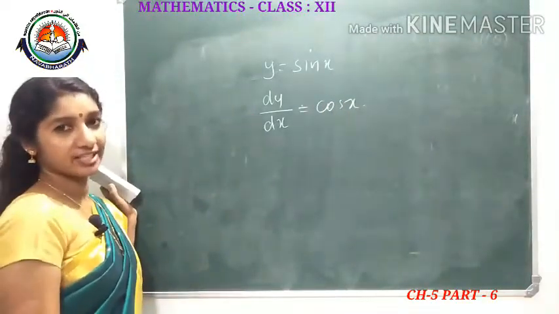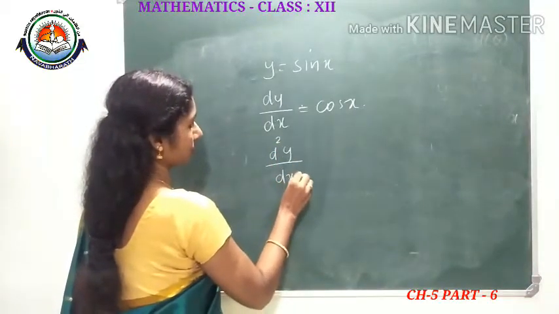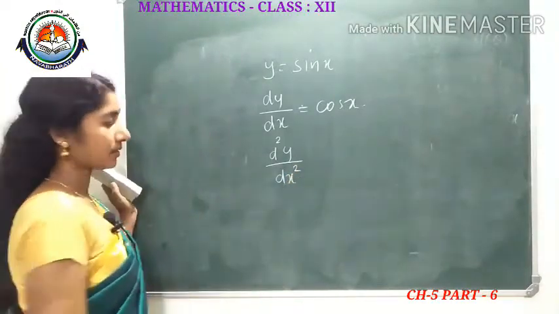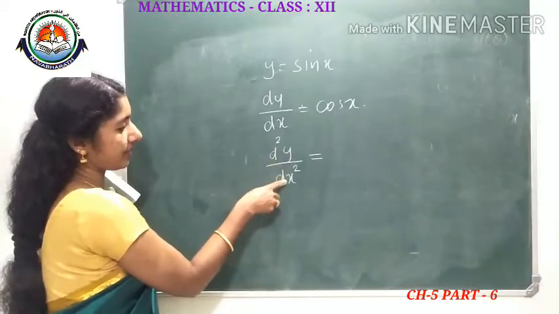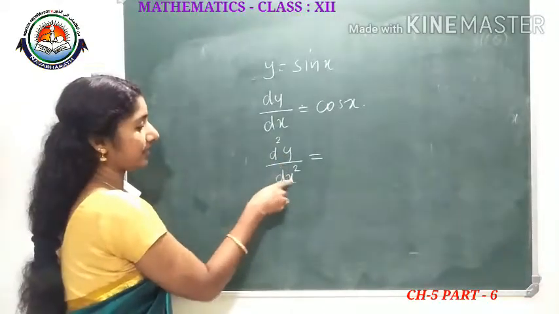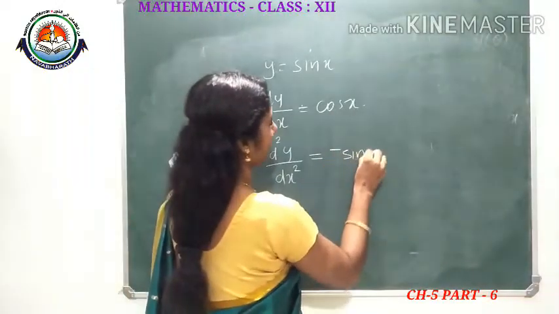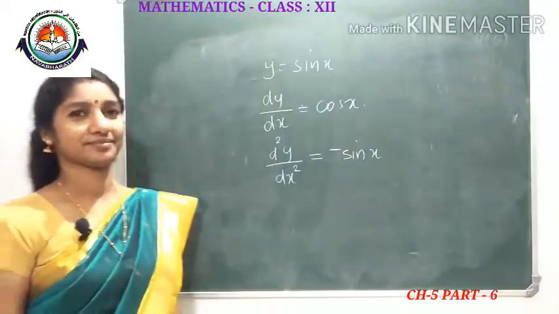Again differentiating with respect to x, we will get d2y by dx2, that is the derivative of dy by dx with respect to x. d2y by dx2 equal to the derivative of cos x, which is minus sin x. So we will get the second derivative.